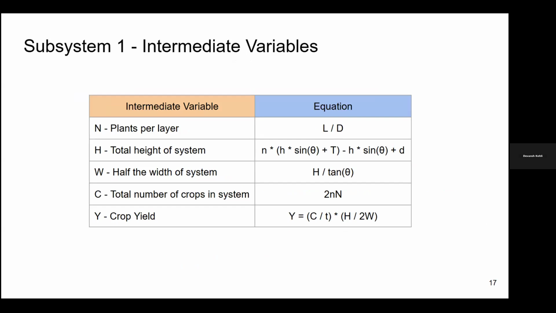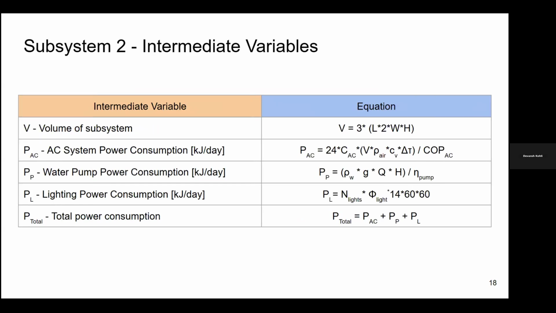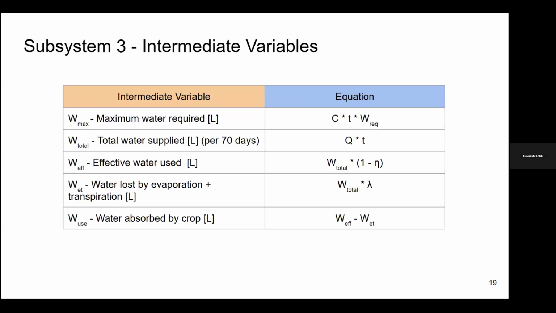These are the intermediate variables for subsystem 1, and crop yield was the objective function for this subsystem. These are the intermediate variables for subsystem 2, with total power consumption being the objective function. And these are the intermediate variables for subsystem 3, with water absorbed by crop being the objective function.